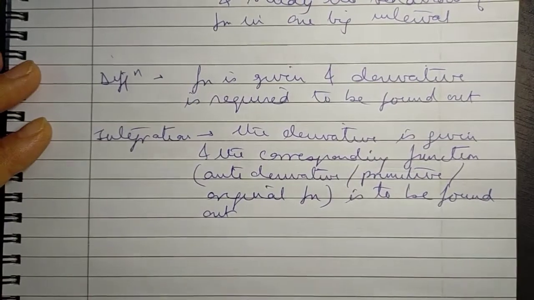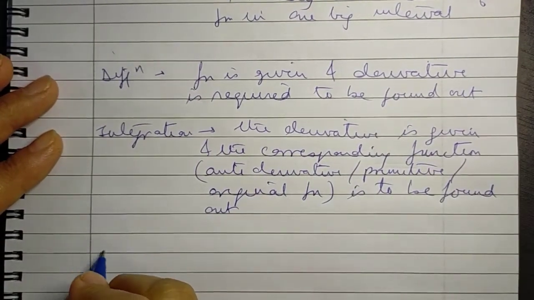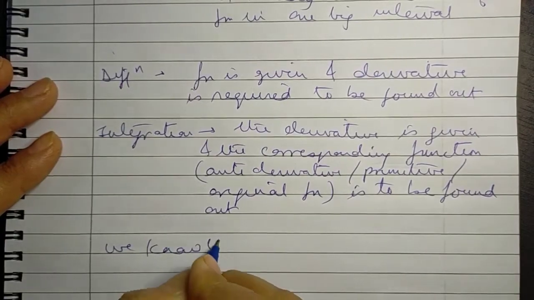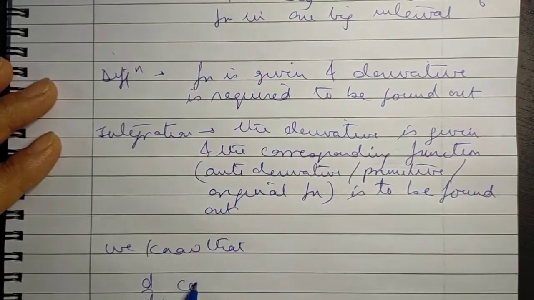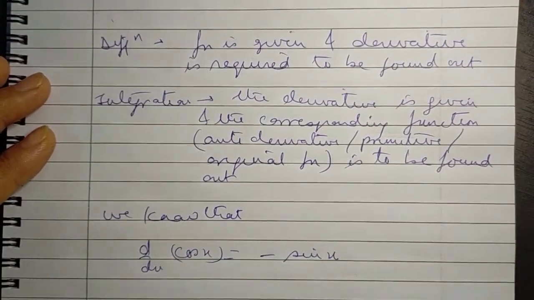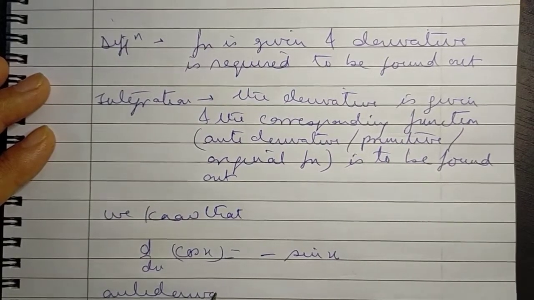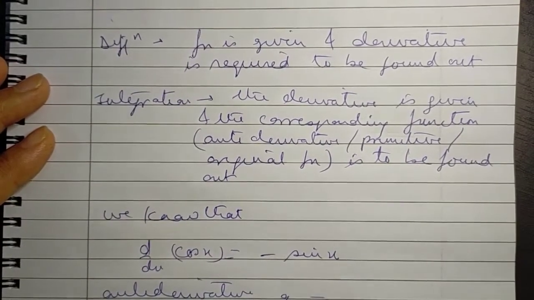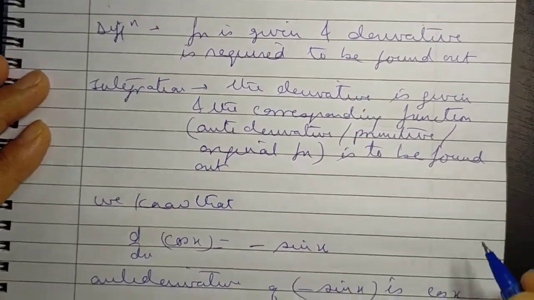Now let us consider the derivative of some standard functions. Like we know that the derivative of cos x is minus sin x. So we can write the antiderivative of minus sin x is cos x.